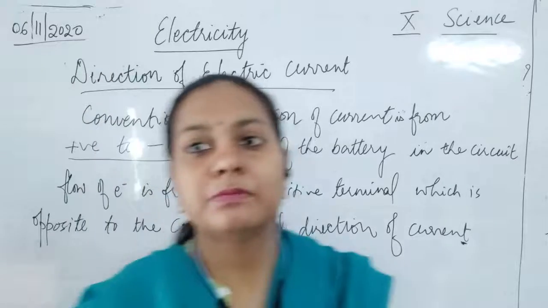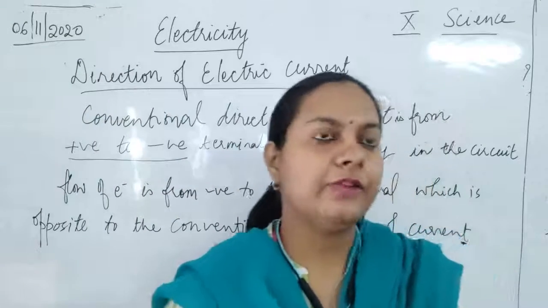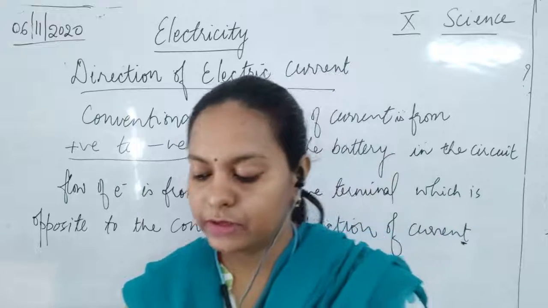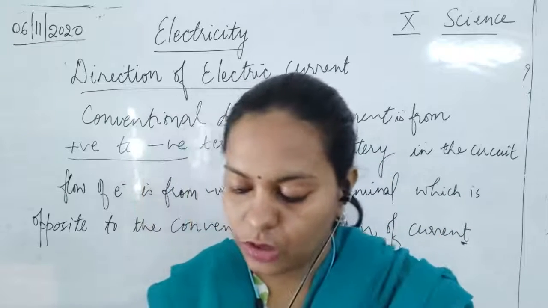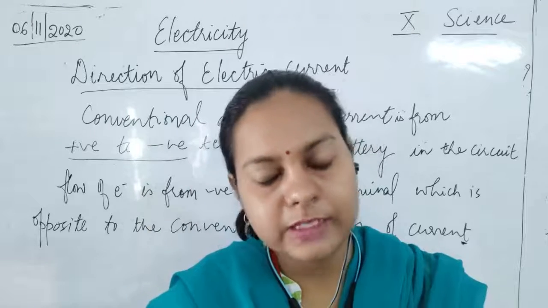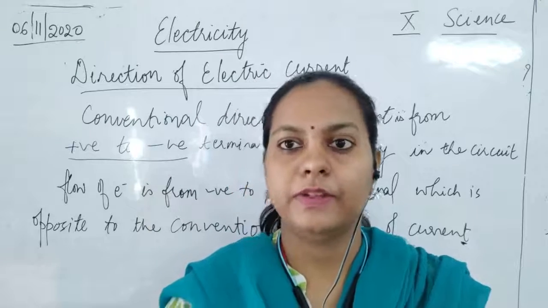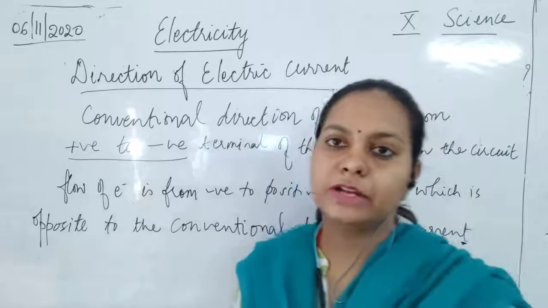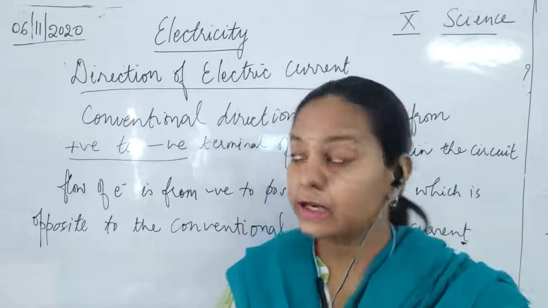Okay, so it is always marked from, because we have always shown that whenever the electrons move, they always flow, the current always flows from positive to negative terminal, and the positive to negative terminal means from higher potential difference to the point of lower potential difference, okay.